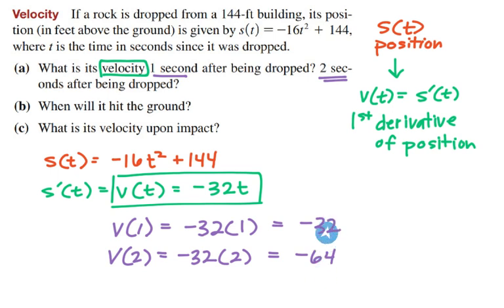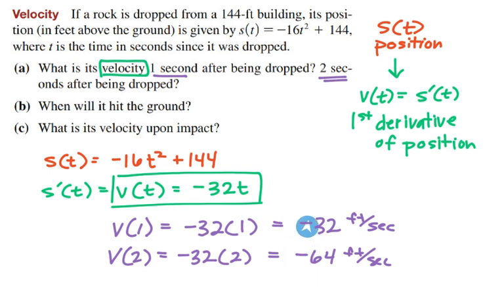Now thinking about this, these two outputs represent velocity, and velocity is a rate of change. We are considering feet position per second. So both of these need that unit, feet per second, written behind it.